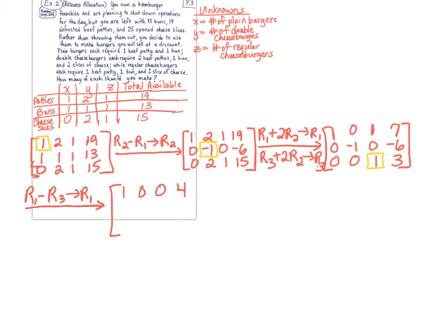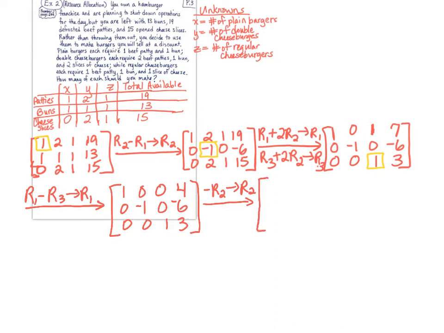Rows 2 and 3 didn't change, so that's 0, -1, 0, -6, and 0, 0, 1, 3. Now what do we need to do? Multiply row 2 by -1. Very good. So -1 times row 2 to get a new row 2.